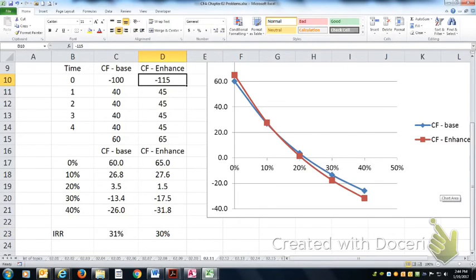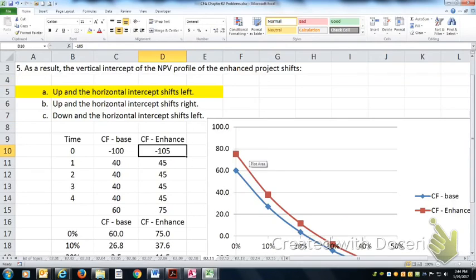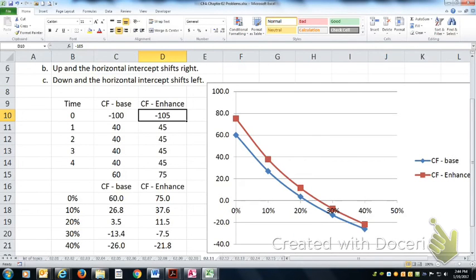Now, depending on how we had structured all of this, you could see in this instance, if the cost had only gone up by 5, then we would have had a different answer. That would have meant that it would go both up and the horizontal intercept would shift to the right.